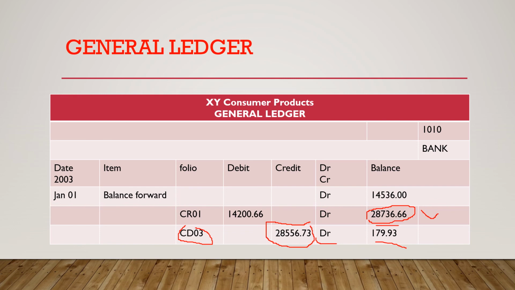When they start the accounting period next time, this will be the balance forward when you are doing the general ledger under the name banks. This amount will be written as balance forward, and then you will start recording to get the final bank cash for that month.